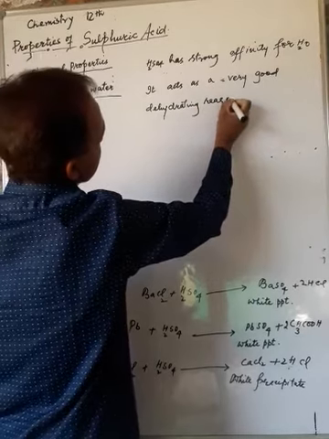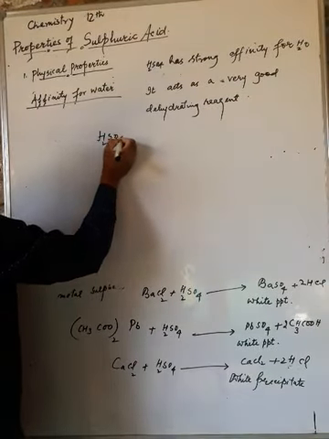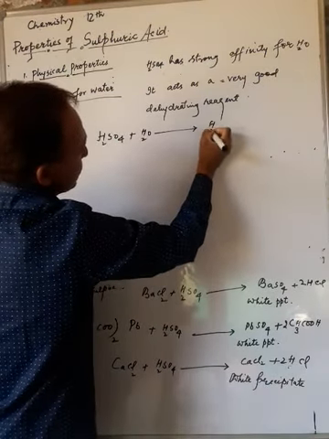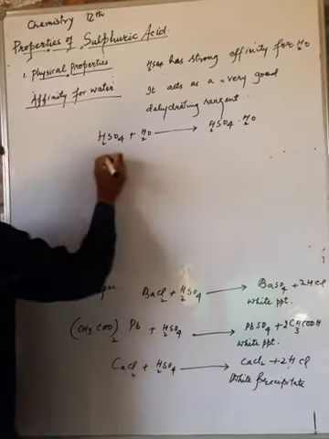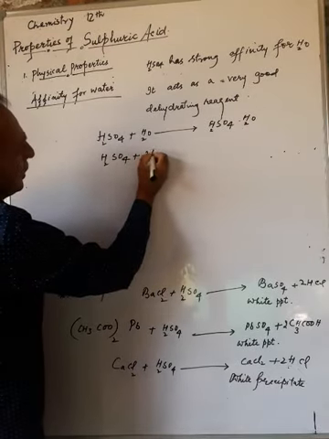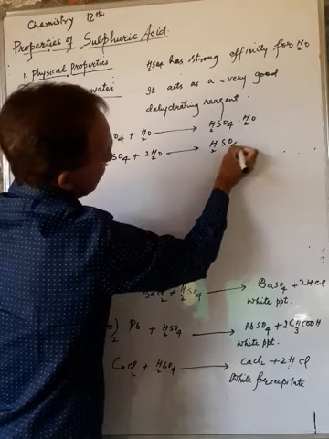For example, it reacts with water and absorbs the water, forming H2SO4 monohydrate, or it absorbs more water and forms dihydrated H2SO4.